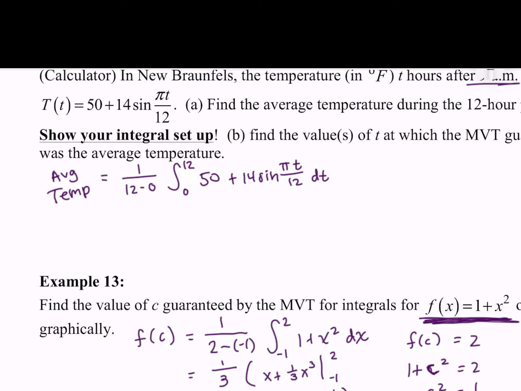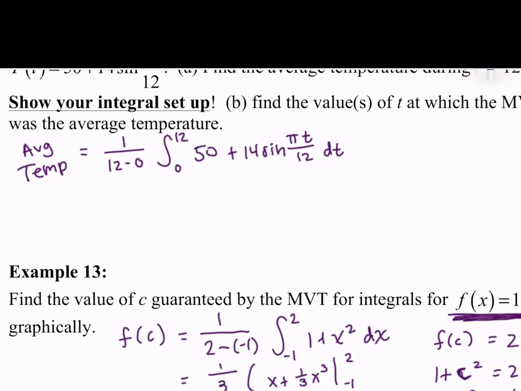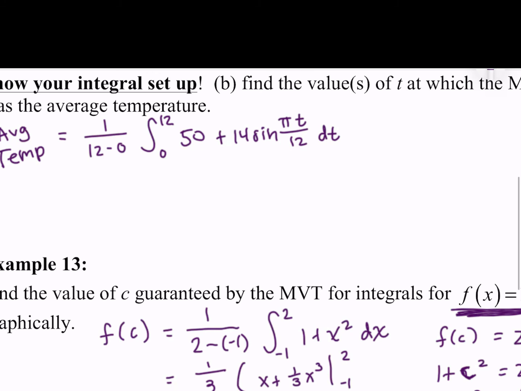Okay, no, we are not going to evaluate this by hand. This would be a calculator-enabled problem, so if we had a calculator, we'd just type this beautiful thing into a calculator, and we would get 50 plus 28 over pi, which is approximately 58.927 degrees Fahrenheit.